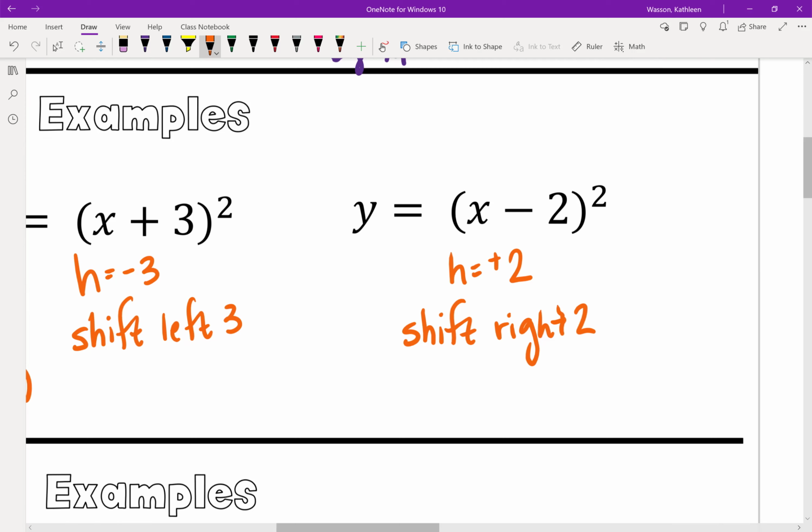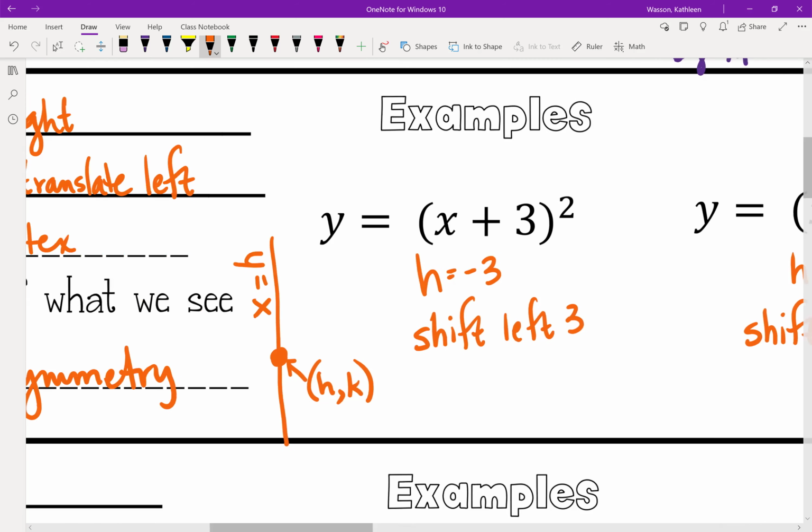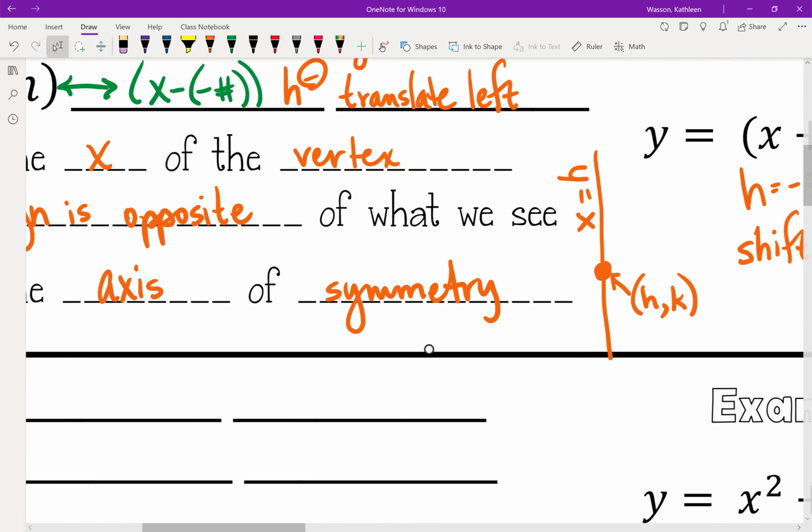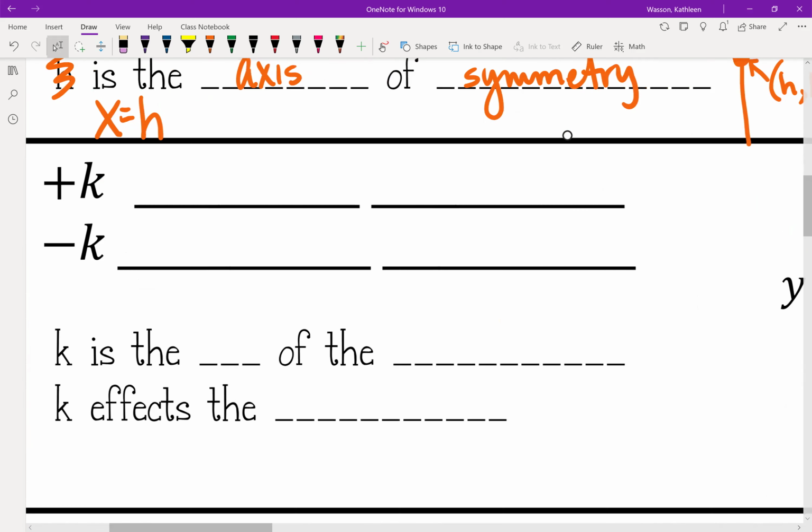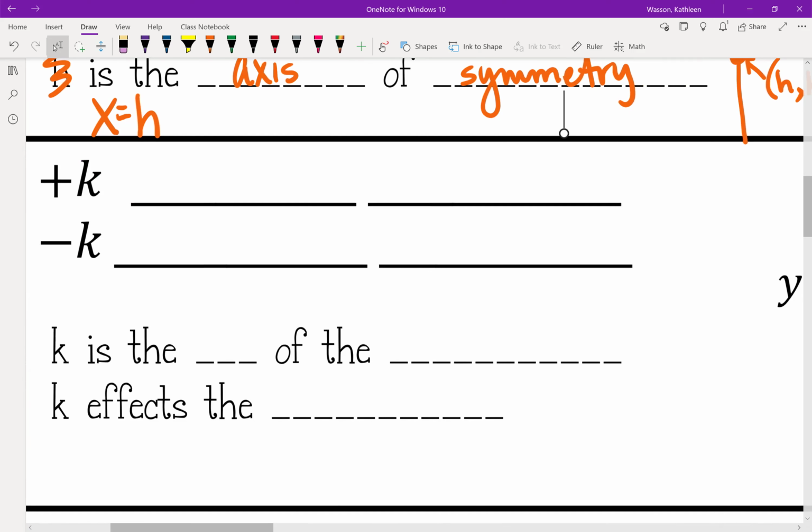The next variable to describe is k. And k is added on or subtracted from the very end of the equation. If you have plus number at the end of your equation, then k is a positive number, and your graph will shift up.